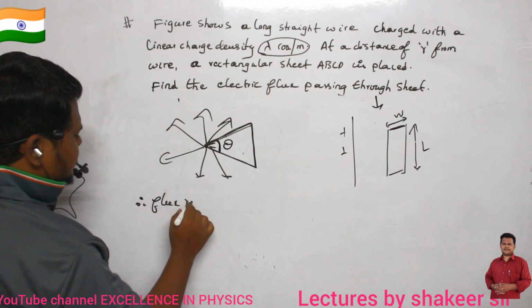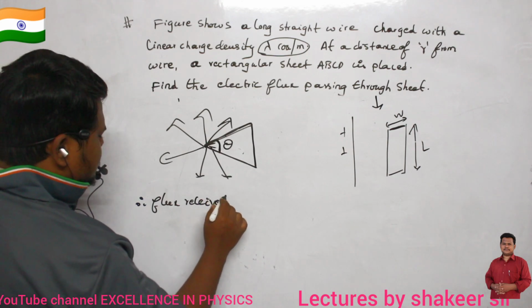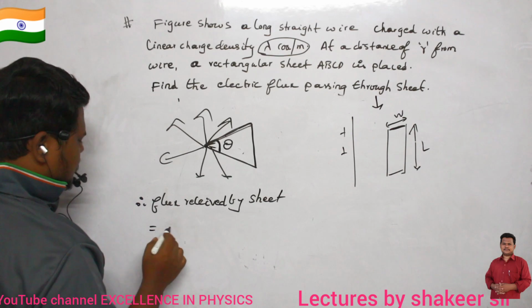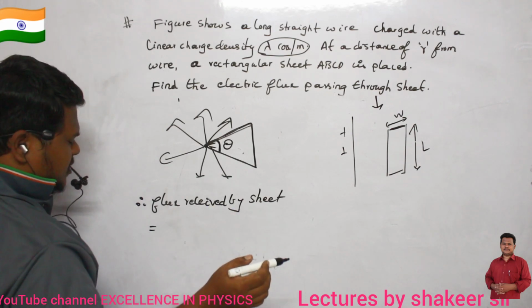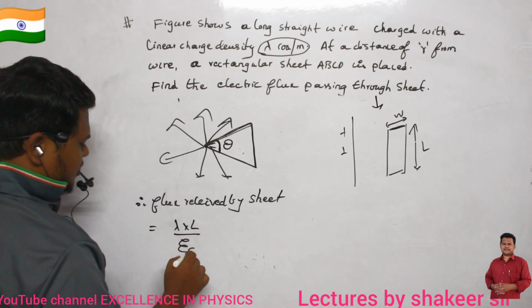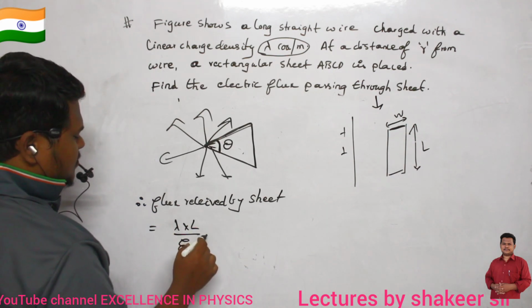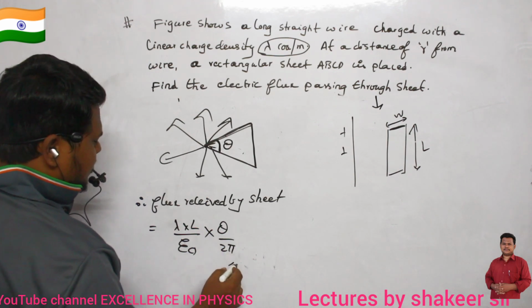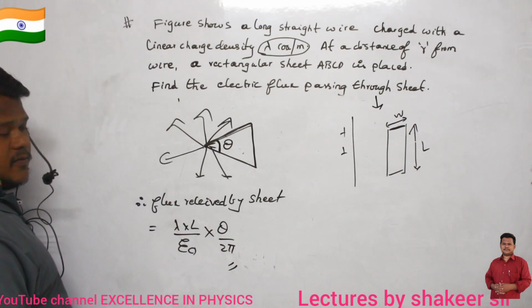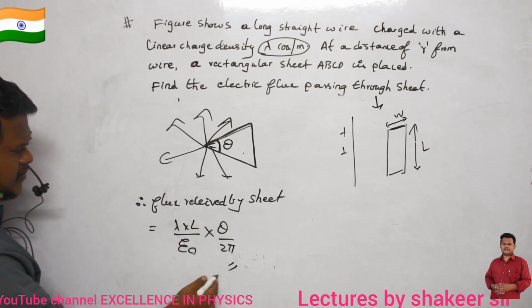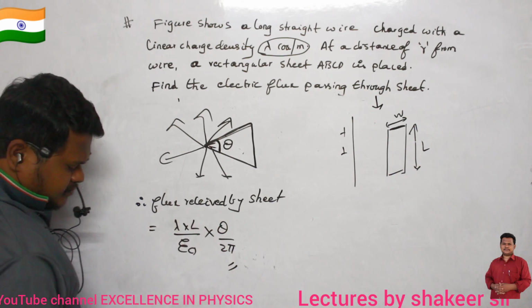Flux received by the sheet is equal to the total flux, which we just calculated, lambda into L divided by epsilon naught, multiplied by theta divided by 2 pi. Can I write like this? I am writing a relation like this. Can you say why I can write a relation like this? Anybody?